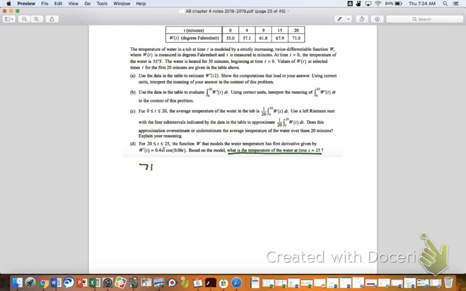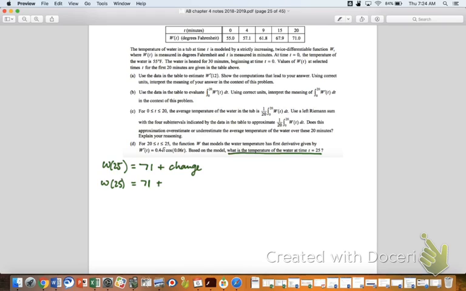So I'm going to say that the temperature at 25, so I'll put W of 25 equals 71, which is the temperature at t equals 20, plus the change in the temperature that happens as you go from 20 to 25 minutes.